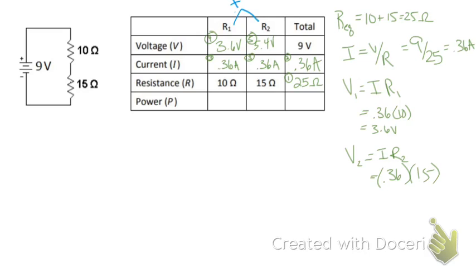So we'll do the power across 1. Current times the voltage 1. So we've got 0.36 times 3.6. And that gives us 1.3 watts.